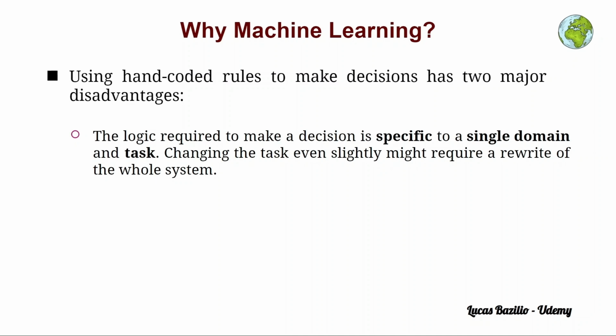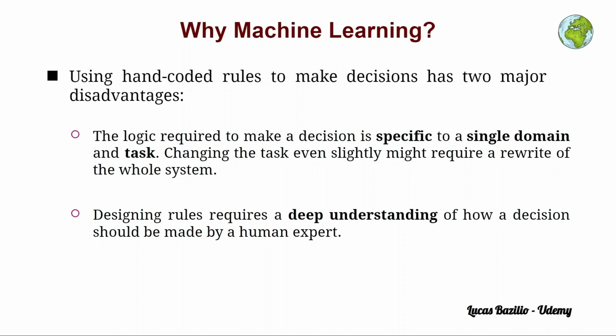Nowadays, we have lots of data to manage, and it is not feasible to create a set of rules for each specific and different task. Moreover, another disadvantage is that designing rules requires a deep understanding of how a decision should be made. So it is important to learn from this data.